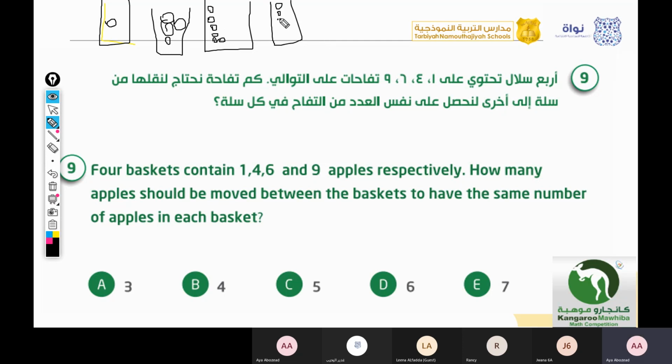Now, how many apples should be moved between the baskets to have the same number of apples in each basket? So we have 1, 4, 6, and 9. We need all the baskets to have the same number.